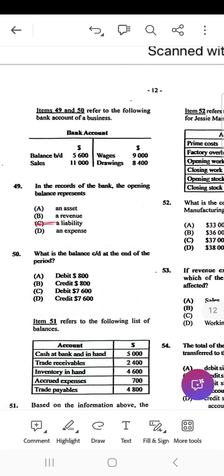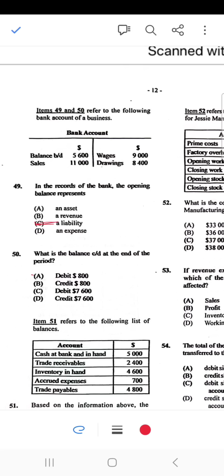So the credit side is bigger than the debit side. So we're going to take the credit side and subtract the debit side from it. 17,400 take away 16,600, and that will leave us with 800. Right? They want to know what's the balance carried down. The balance carried down will be located on the smaller side, which is the debit side. So the answer will be A, 800.